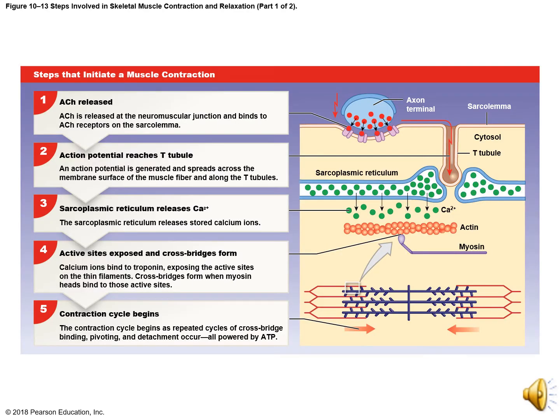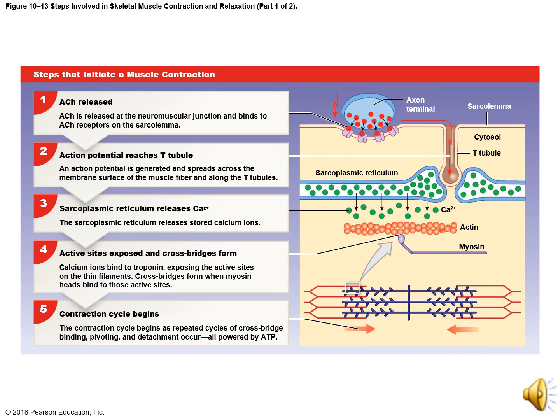Another review starting from the very beginning of the muscle contraction, where the acetylcholine is released and makes its way across the synaptic cleft to bind with the receptors, opening the gates, allowing the sodium in to start an action potential on the cell membrane. The action potential goes down the T tubules, which is surrounded by the sarcoplasmic reticulum, which is the calcium reservoir.